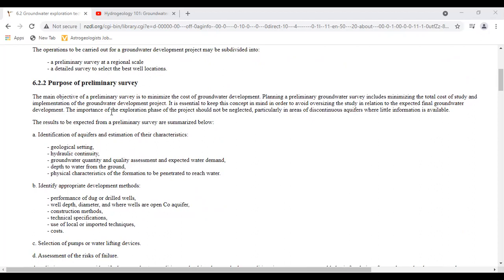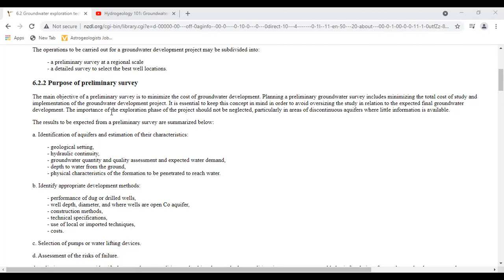It is essential to keep this concept in mind in order to avoid oversizing the study in relation to the expected final groundwater development. The importance of the exploration phase of the project should not be neglected, particularly in areas of discontinuous aquifers where little information is available.